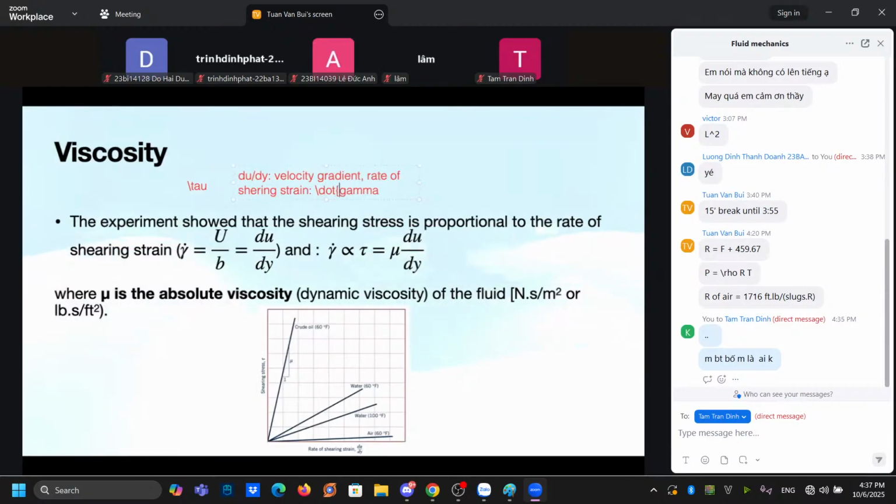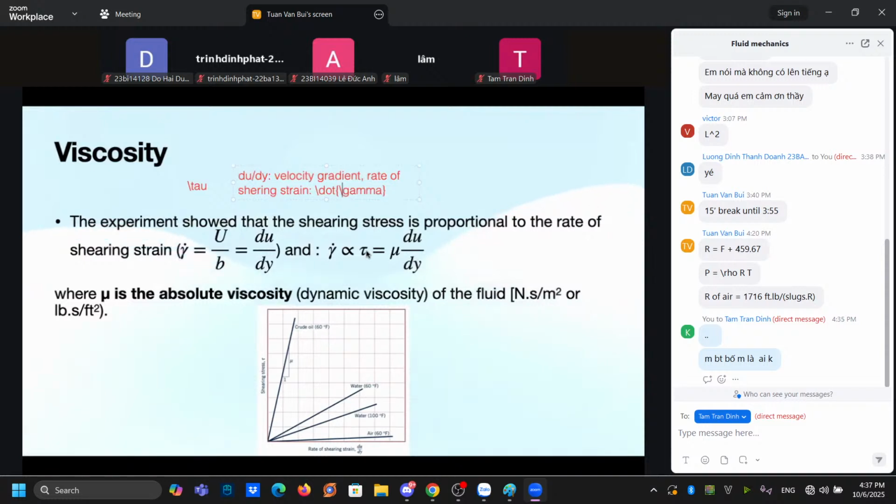If you learn LaTeX, you probably know how to write this equation. The rate of shearing strain gamma dot equals u over b, equals du over dy, and it is proportional to tau.